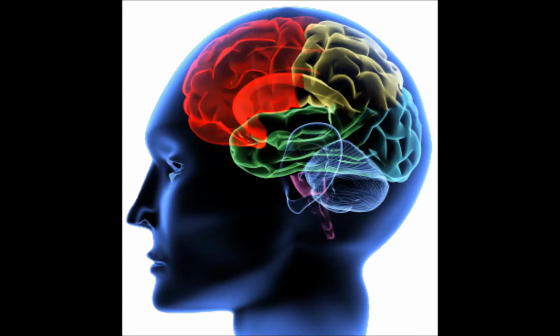Okay, so now we're going to look at a medial sagittal section of the brain. What do I mean by that? Well, it's a sagittal section, which means it's going to show us a flat-on view of, say, the left side of the brain or the right side of the brain.